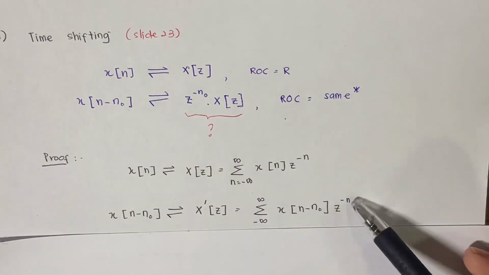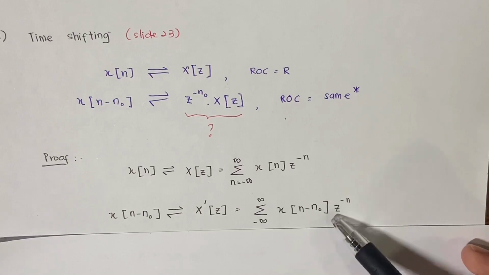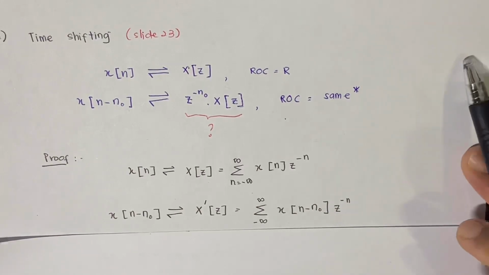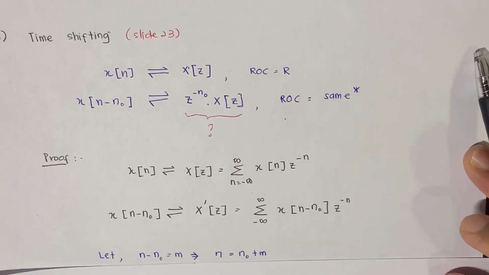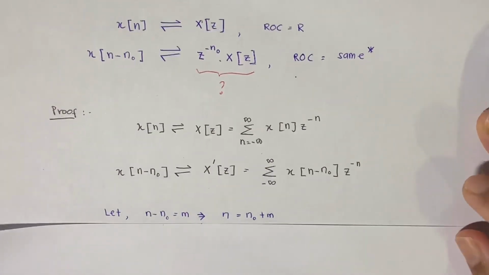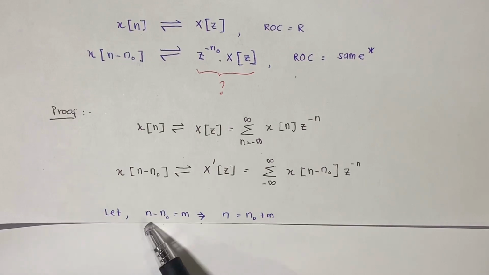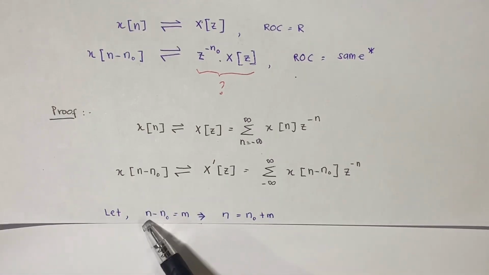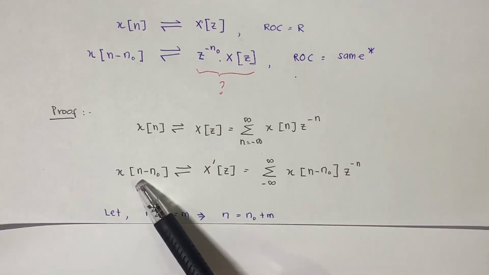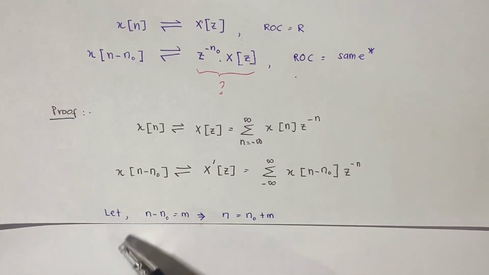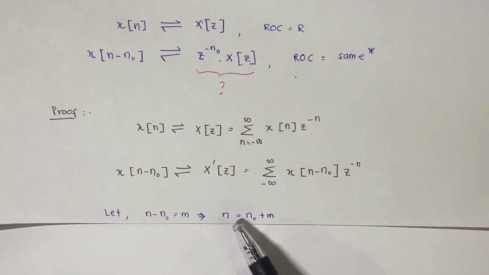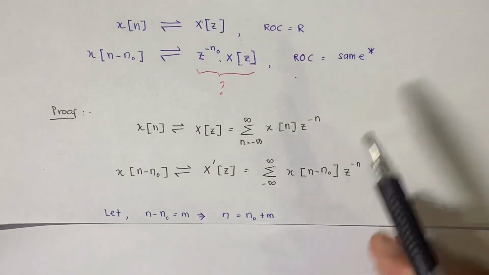This is not from the original signal, because this is just z to the power of negative n. And then let n minus n naught equal m. Rearranging the equation, you will get n equal to n naught plus m.